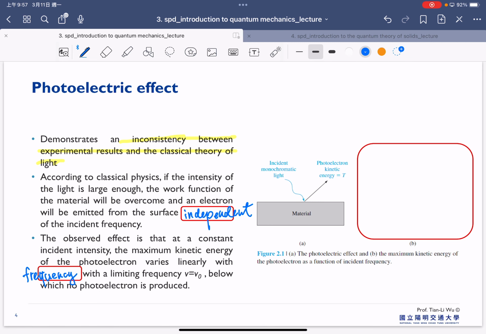So that means if you try to plot here, the x-axis is frequency, and then the y-axis is maximum kinetic energy.